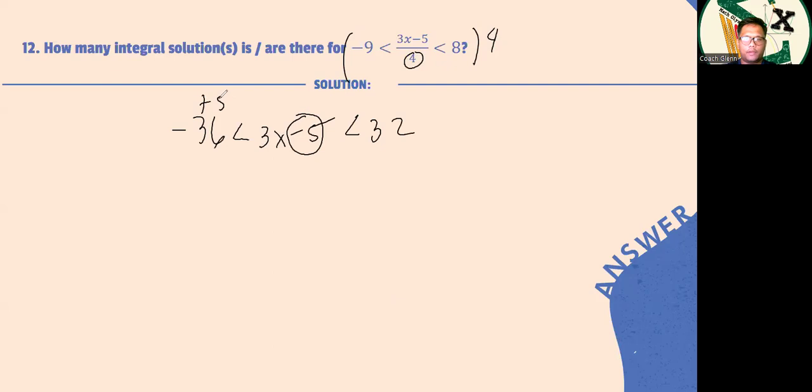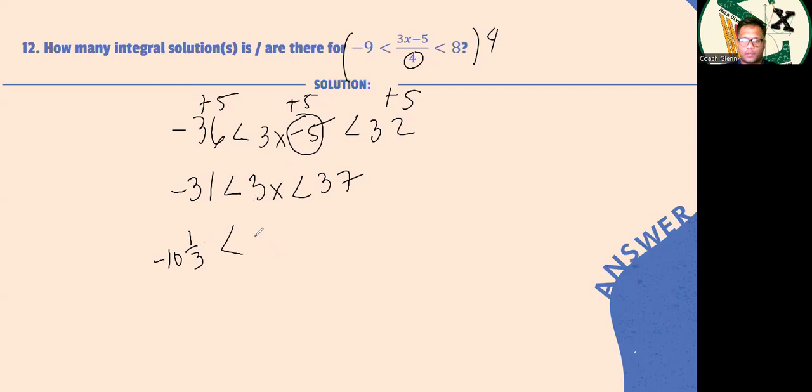To do that, we add 5. So negative 36 plus 5 is negative 31. Here we just cancel positive 5 and negative 5, so we have 2x. 32 plus 5 is 37. Next, we divide by 3. So negative 31 divided by 3 is equal to negative 10 and 1/3.